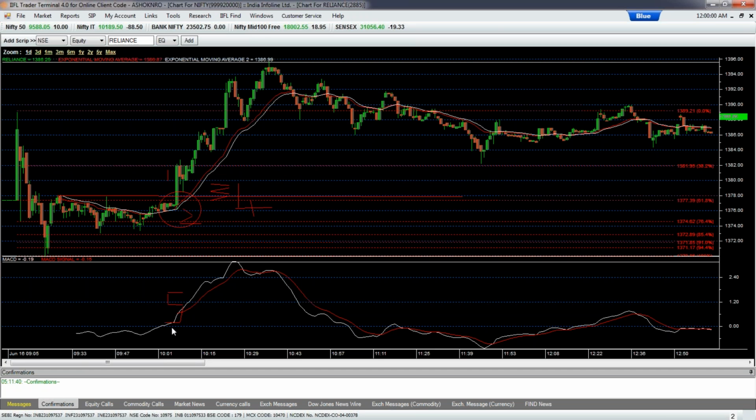So this is the fifth indicator showing that this current trend of low it has made is going away, and it is going in a high range, it is going in an uptrend.